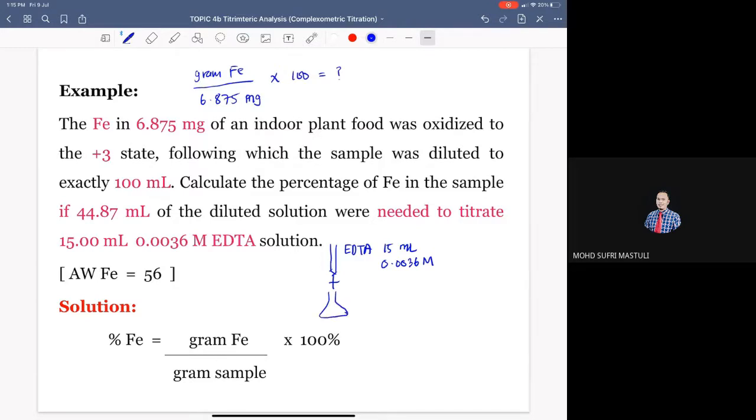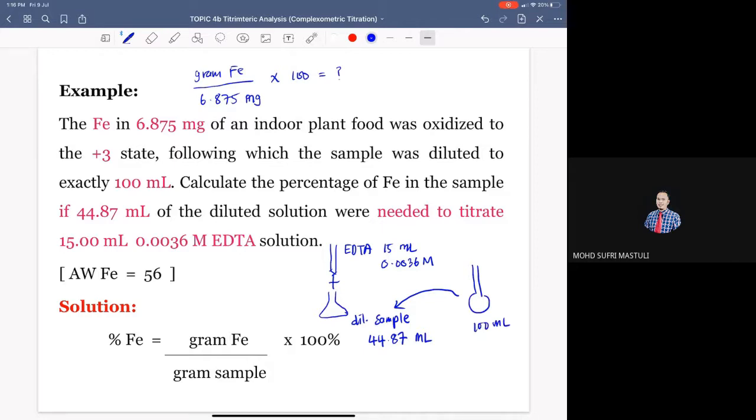Calculate the percentage of Fe in the sample if 44.87 ml of diluted sample is needed. This 44.87 ml diluted sample was obtained from 100 ml.